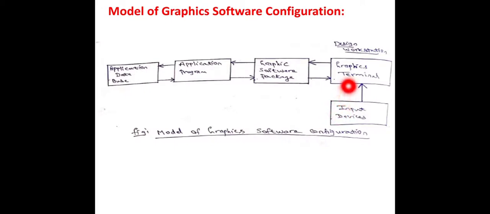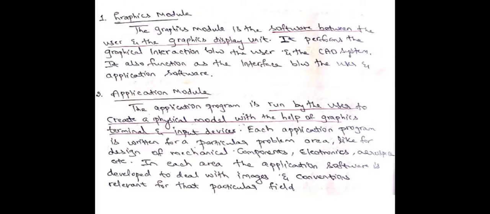From the input device it goes to the graphics terminal, and as you can see, these are interactive processes. Each piece of data will be shared through all these four departments. Now let us see one by one.